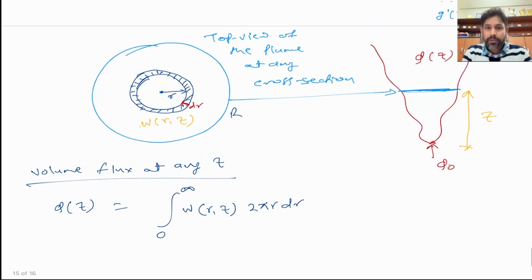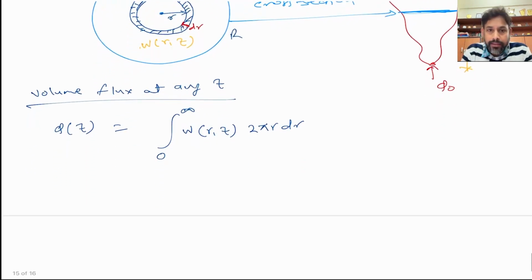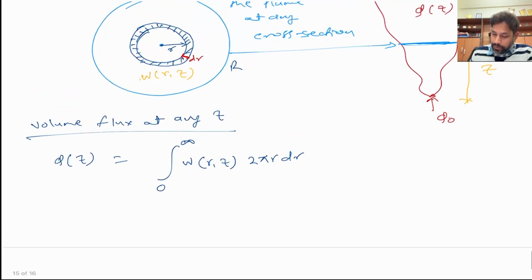What you see on the left is the top view, and what you see on the right is the side view, right? And now we are trying to find the volume flux at any z. So we have to integrate w multiplied with 2 pi r dr, because that is the small area, and we need to integrate from 0 to infinity. And why infinity?